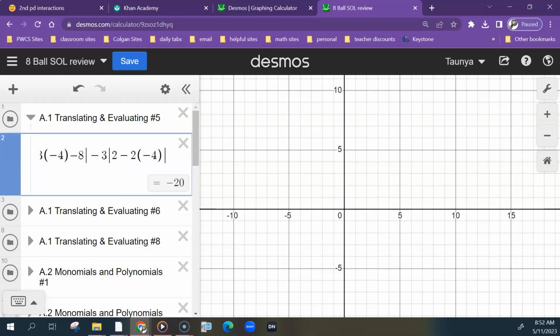Other questions on that first page? C. Yeah. 6. What the answer was or how to do it on Desmos?